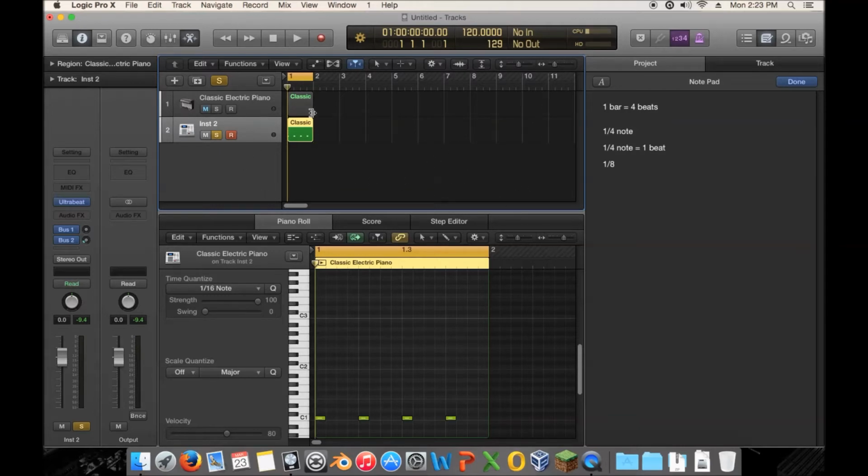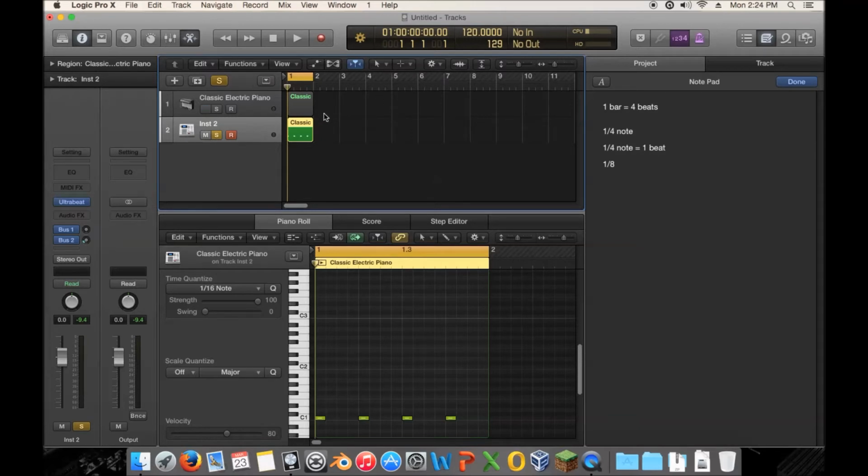So that's what they mean when they say bar. 1 bar is 4 beats, and you just multiply it out. So if you had 8 bars, that'd be 8 times 4 beats, which is 8, 16, 24, 32. So you have 32 beats in 8 bars, but that's kind of irrelevant in the sense that nobody really thinks of it that way. Everybody talks about bars in long note terms.